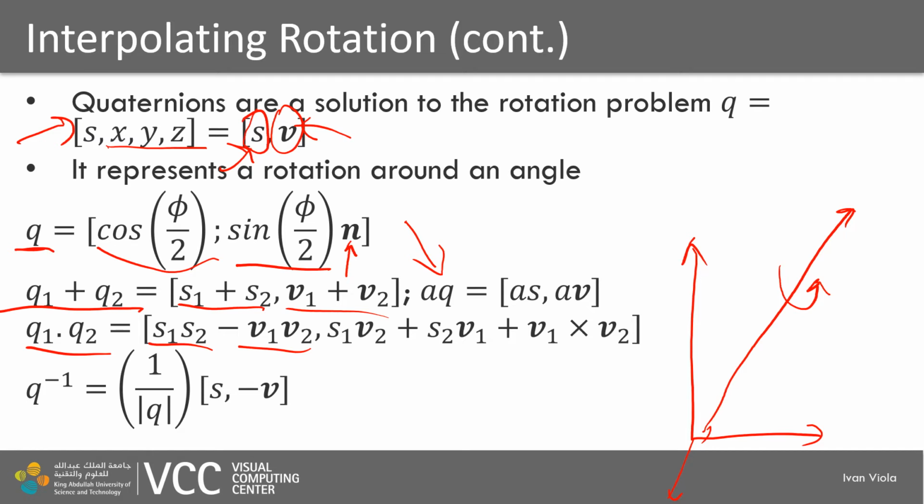And in the vector part, there is even a cross product. So the multiplication of quaternions is a little bit more complicated, but it will be a crucial tool for us for representing rotations, and how this can be achieved.